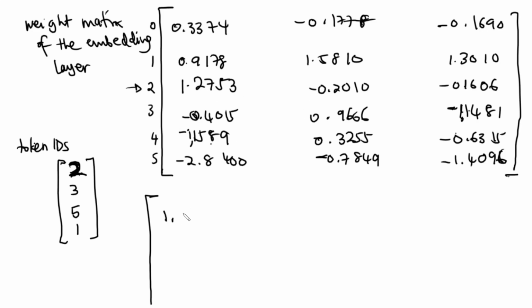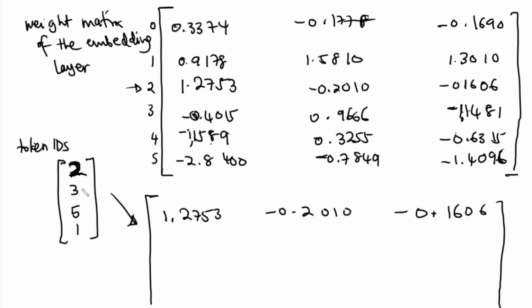So it's going to say 1.2753, minus 0.2010, minus 0.1606. That's it. Then for the second position in our embedded output, look for the third index in the weight matrix.